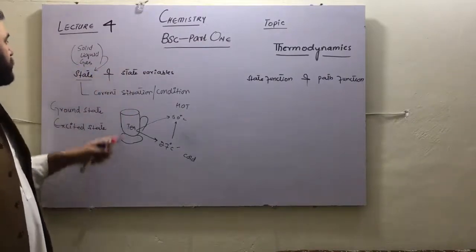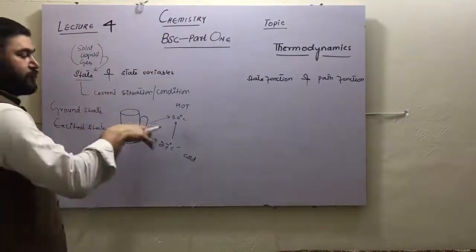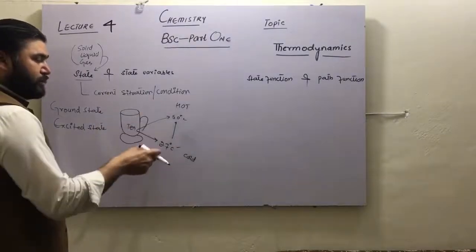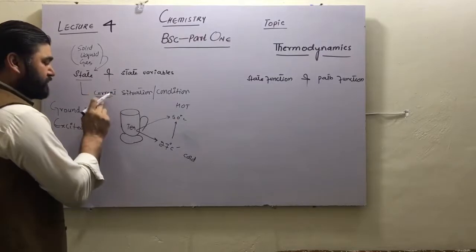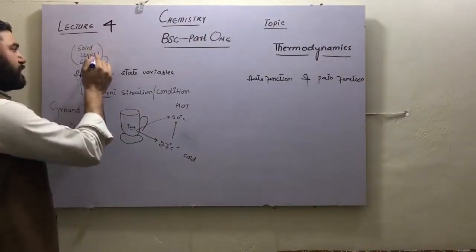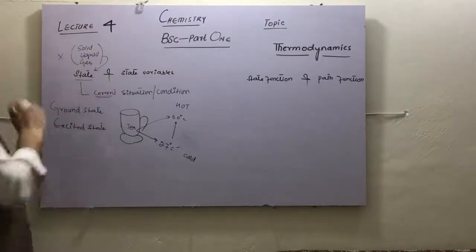Thermodynamics does not tell you about solid, liquid and gas. Thermodynamics only deals with the current situation of any system, whether it is hot or cold, whatsoever the current situation is. This word is very important. The current situation of a system is called state, not physical states like solid, liquid and gas. These states will not be included in this definition.